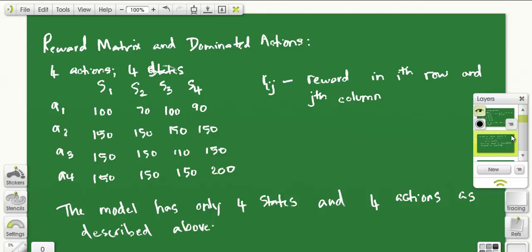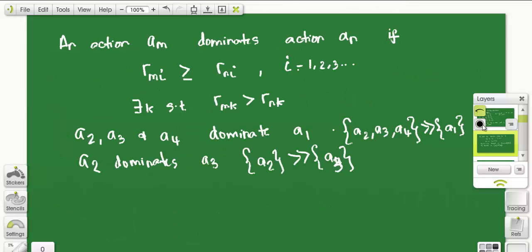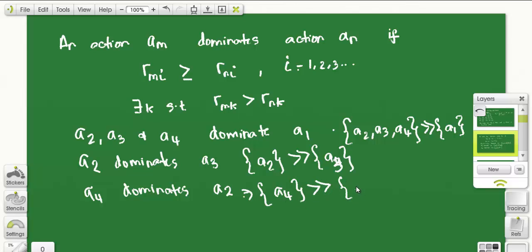So I can conclude that A4 dominates A2. So I can rewrite this as A4 dominates A2, which actually dominates A3. Using transitivity, if A2 dominates A3 and A4 dominates A2, it is obvious that A4 dominates A3.